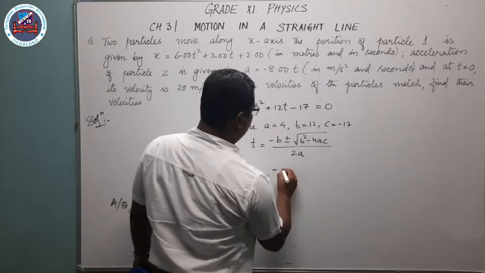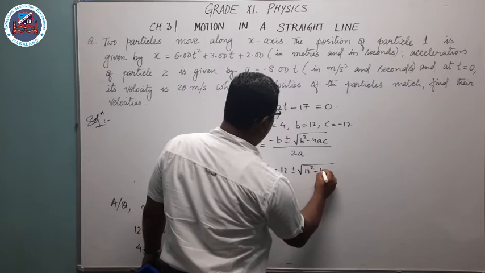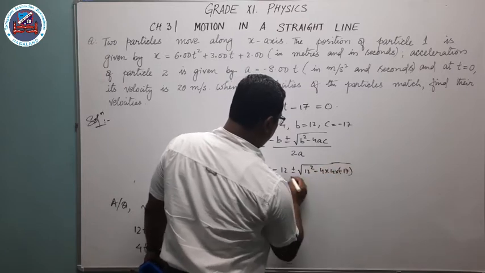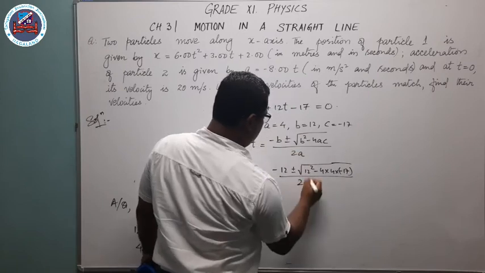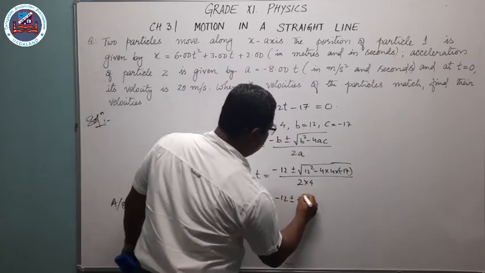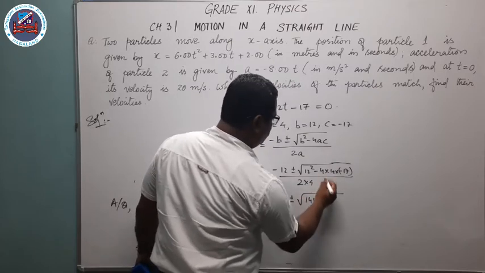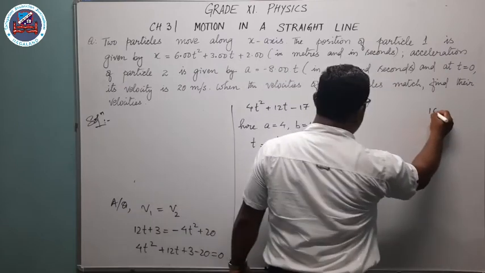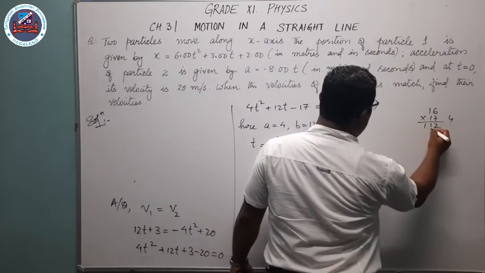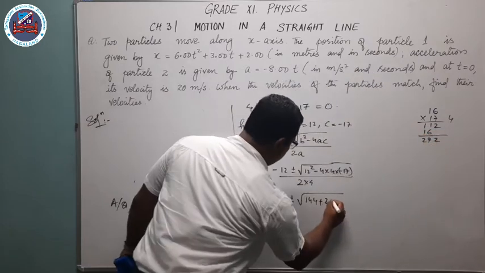Minus B, B is 12, plus or minus root of B squared, which is 12 squared, minus 4 into A, which is 4, into C, which is minus 17, divided by 2 into A, which is 4. So this is minus 12 plus or minus root of 12 squared, which is 144, minus into minus will be plus, 4 into 4 is 16, into 17, which is 272.